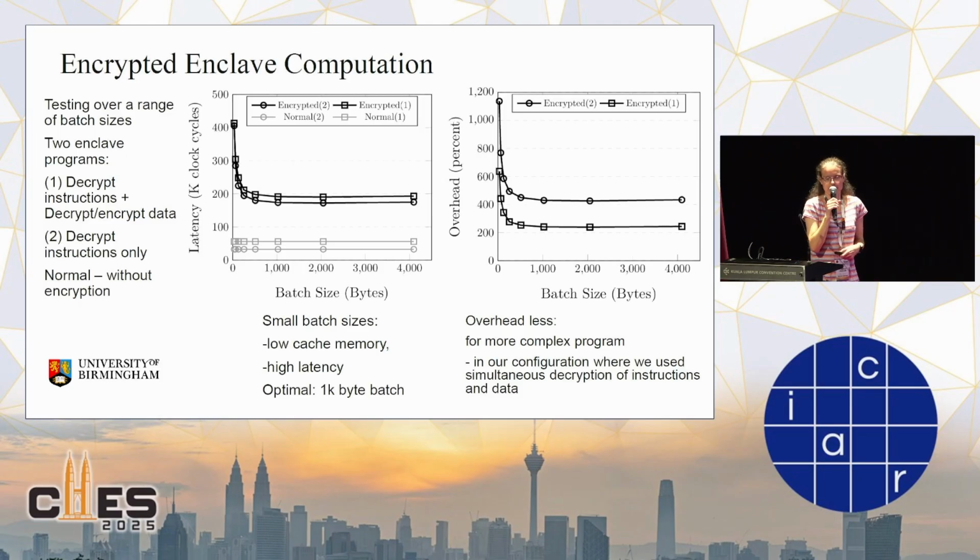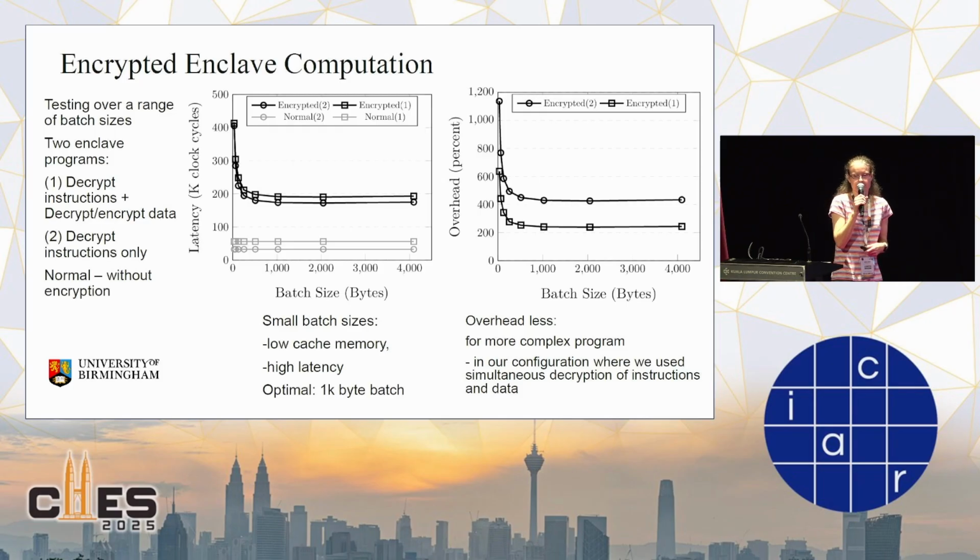What I mean by batch size is that when you do your encryption, you split your data up into fixed size lengths, and each of these is associated with your authentication tag and initialization vector. We've called this the batch size, and this also corresponds to the size of a cache line in your cache memory.